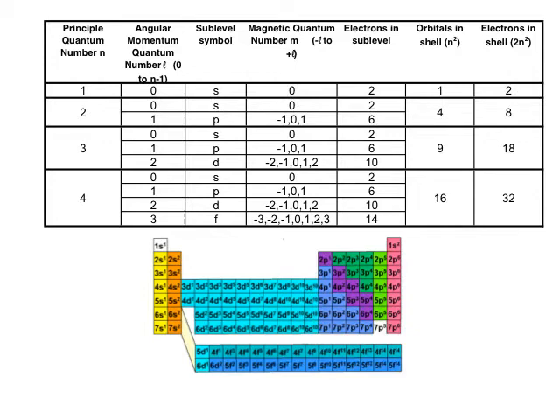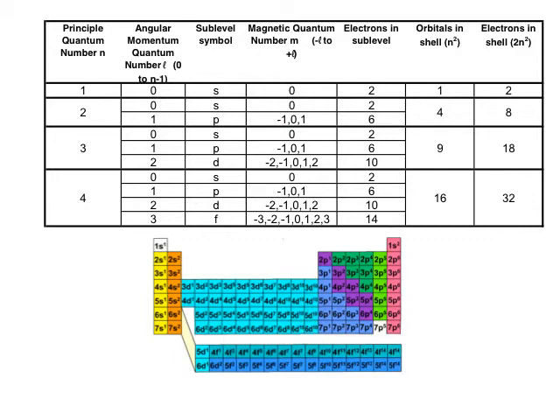So the total number of orbitals in the second shell is 4, 1 S and 3 P's, and I can put 2 electrons in each for a total number of 8 in the second shell.